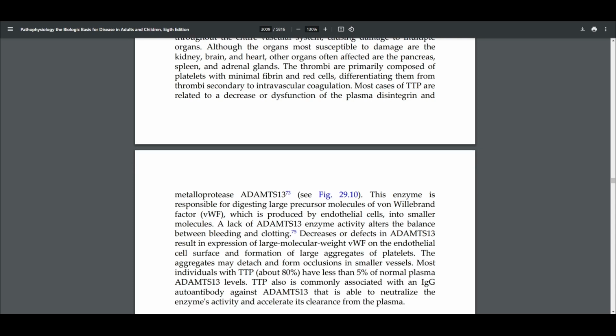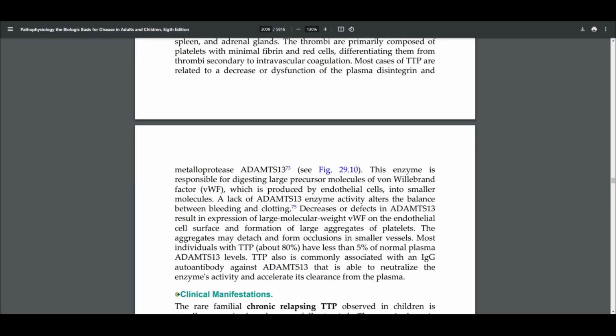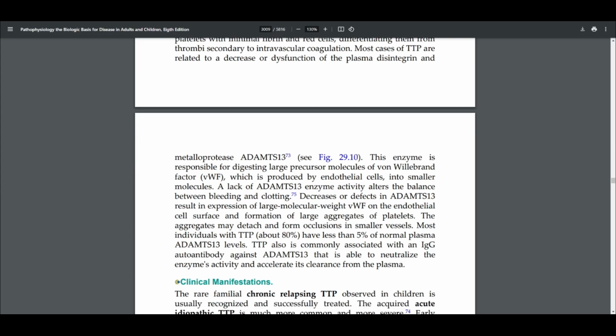The thrombi are primarily composed of platelets with minimal fibrin and red cells, differentiating them from thrombi secondary to intravascular coagulation. Most cases of TTP are related to the decrease or dysfunction of the plasma disintegrin and metalloproteinase, ADAMTS13.